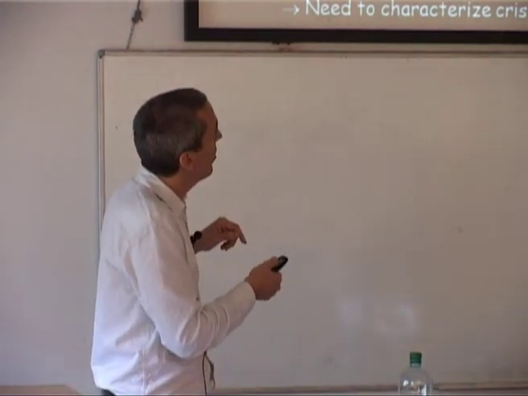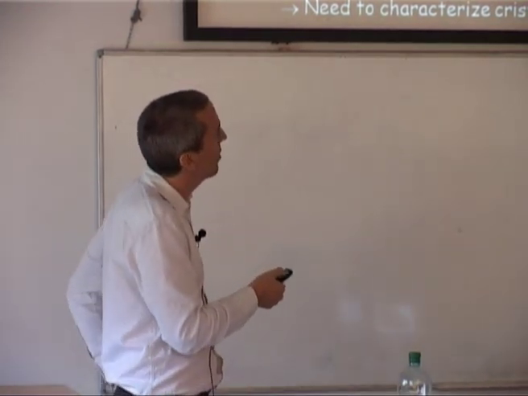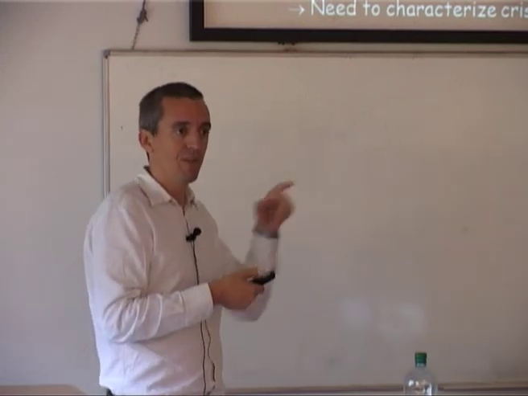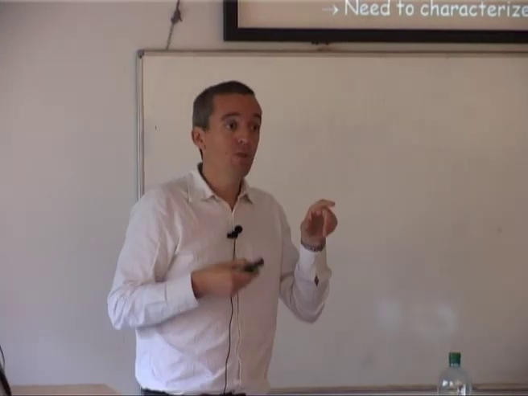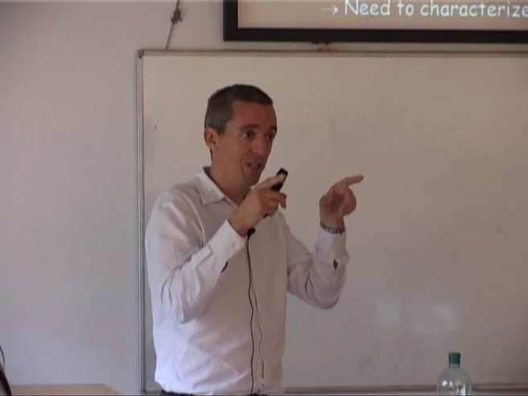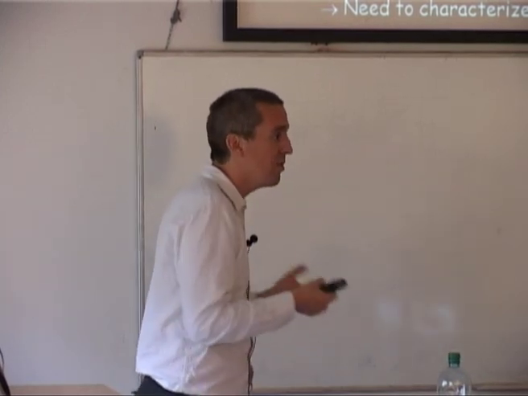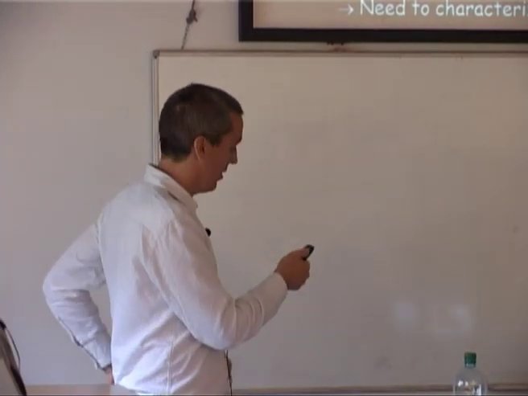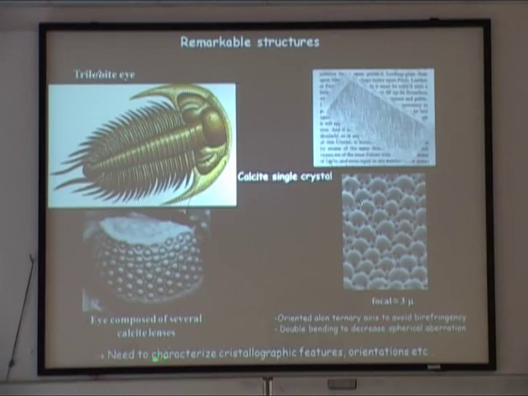So each crystal here is oriented along the ternary axis of calcite. So they are able to control the crystallographic orientation of the crystals. So now if we want to look at these things, again, we need to be able to characterize the crystallographical features and the orientation of the crystals in the systems.